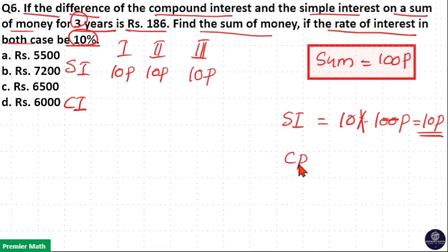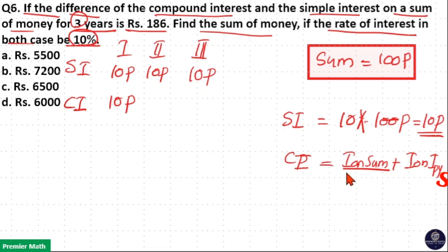Compound interest means interest on sum plus interest received on previous years. Now interest on sum for the first year is 10% of 100 parts, which is equal to 10 part. And there is no previous year in the first year. So I only receive interest on sum for the first year.